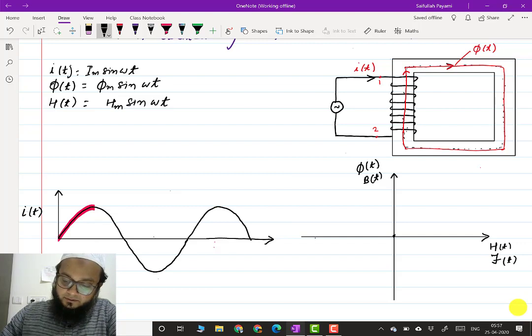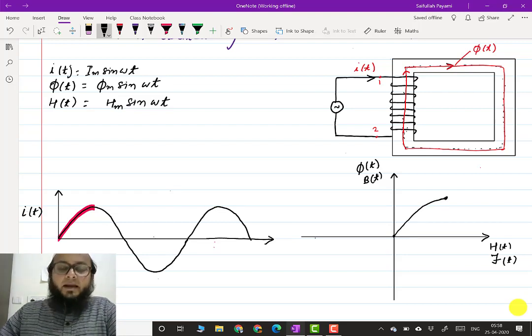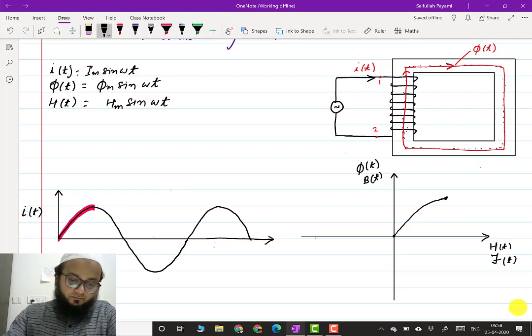So I'm increasing, and let's say the moment it reaches its peak, it reaches its knee point. I'm assuming that the peak will cause the magnetic flux in the core to reach its knee point. So we are here now.